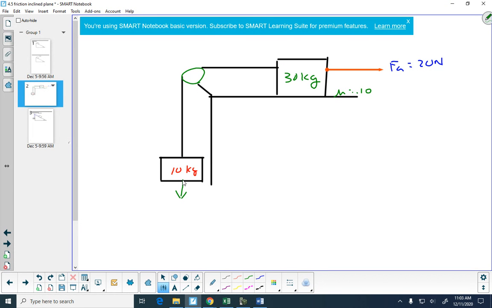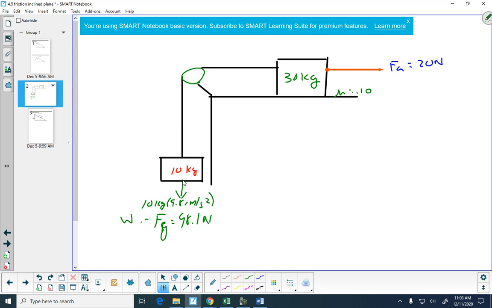So we have to start analyzing the forces that we have here. Our force pulling downwards, we have a 10 kilogram mass. What is the force of that object pulling downwards? Liam, what is the force of the object pulling downwards? 98.1. Taking the 10 kilograms times 9.81 meters per second squared. So this force of gravity, which is weight, is 98.1 newtons.